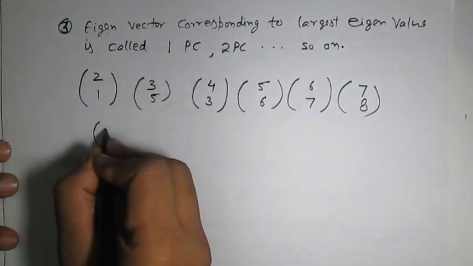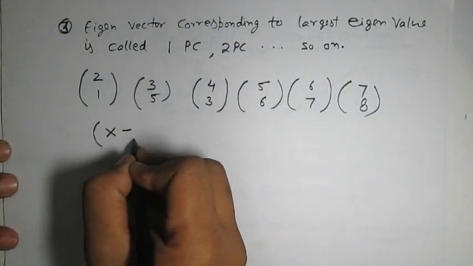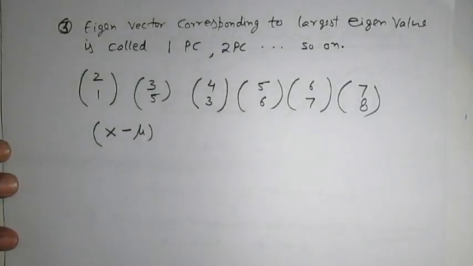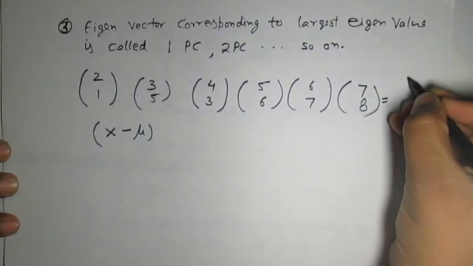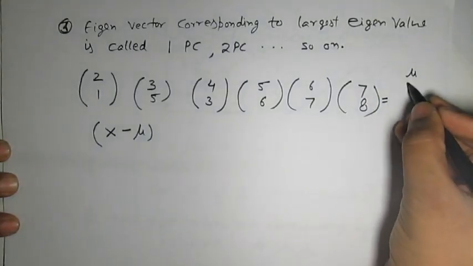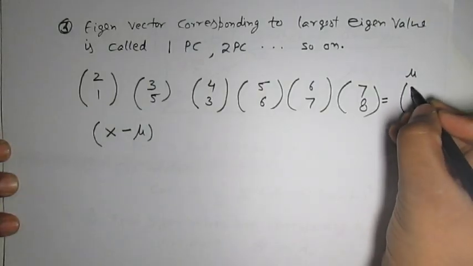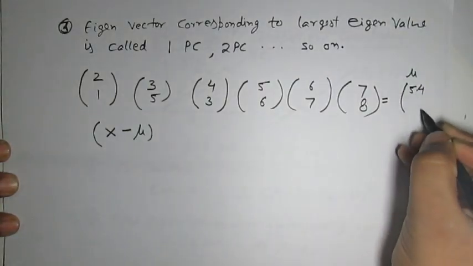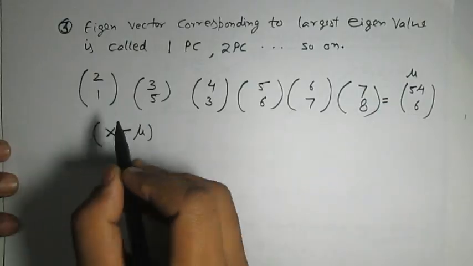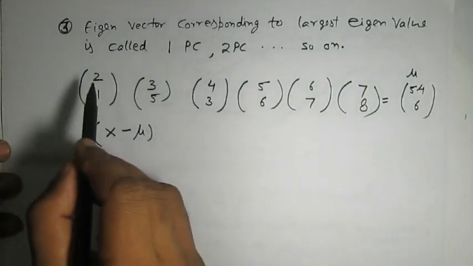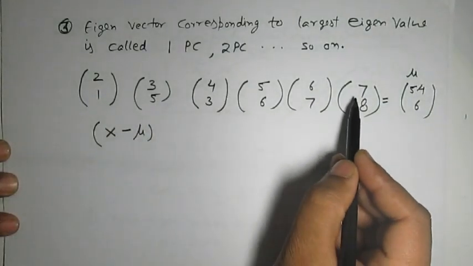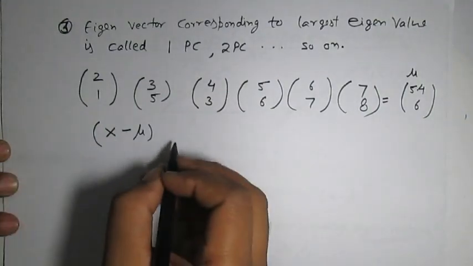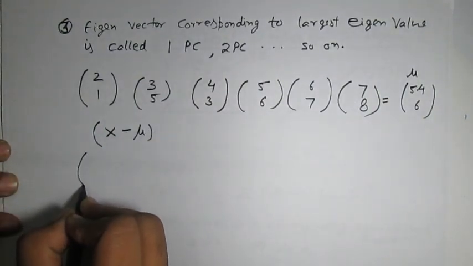For that, we need to calculate X minus mu. Our mu is, in this case, 5.46. We have calculated this mu by just finding the mean of these data points. Let us calculate X minus mu.